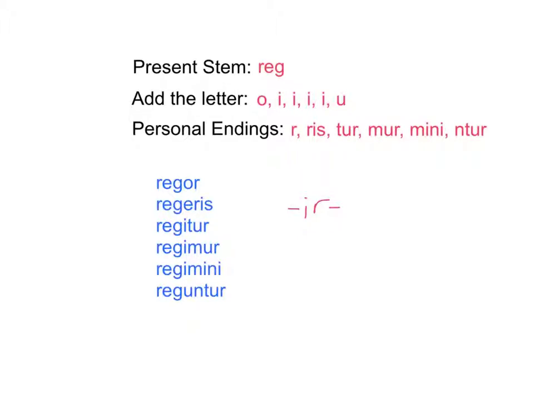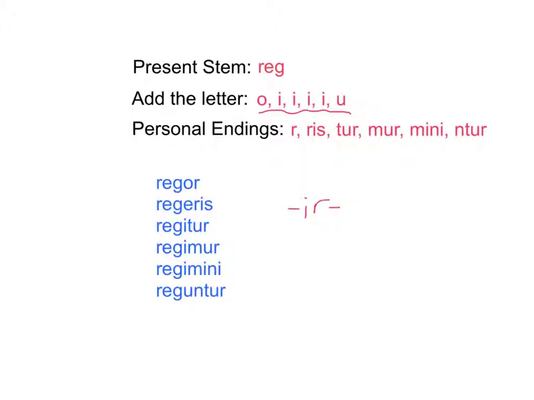This i sound for third conjugation is really only supposed to sound like a short sound, and that's not what it would be here. If it were in this verb, it would be regiris, and that's a little too strong. They want something a little softer. So regor, regeris, regitur, regimur, regimini, reguntur. But again, you only have to worry about that in third and third io.